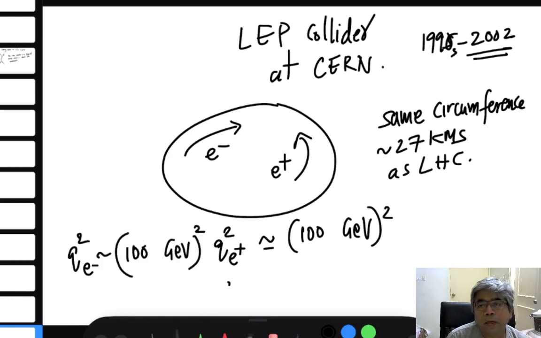So these were both accelerated at energies around 100 GeV square, electrons and positrons, and collided at 4 different points.